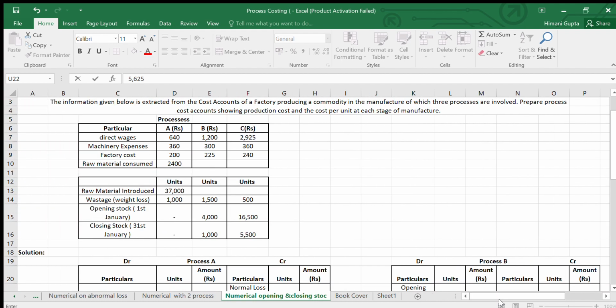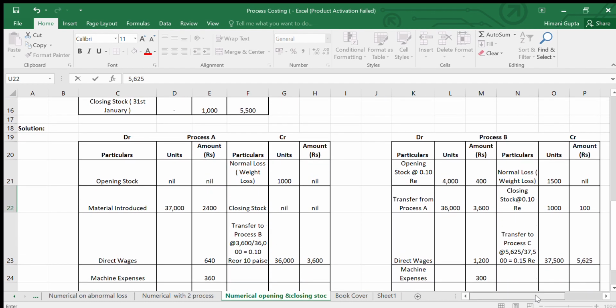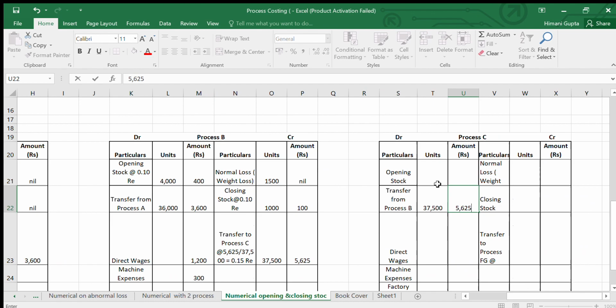Opening stock, let's see what is the opening stock. Opening stock is given to be 16,500 and closing is 5,500. As we have already discussed, opening and closing stock will be at the rate at which the last process is being manufactured.